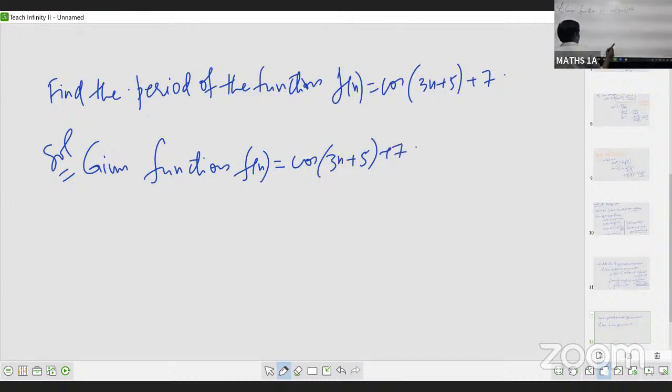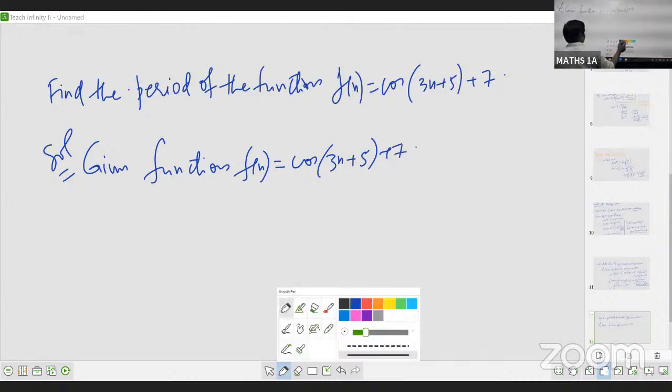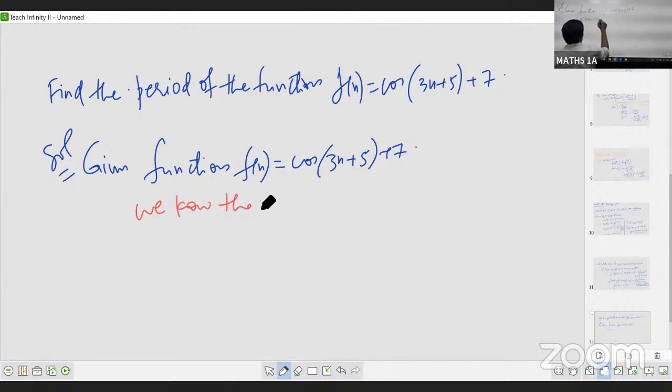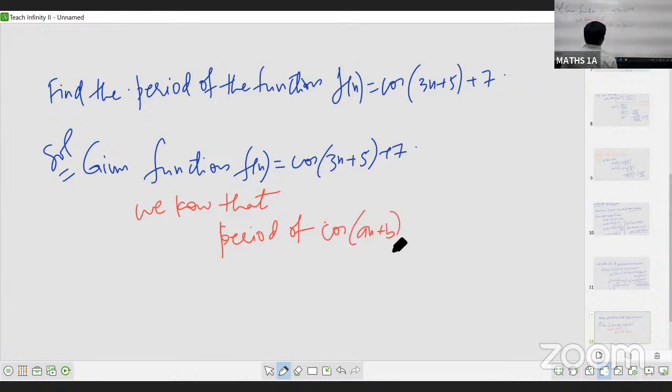Now we know that the period of cos of ax plus b is 2 pi by mod a.